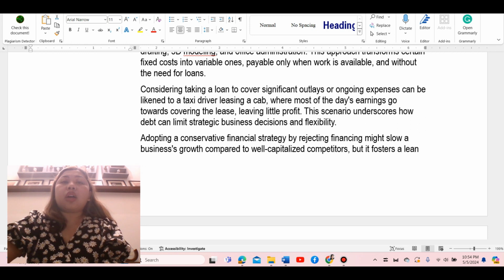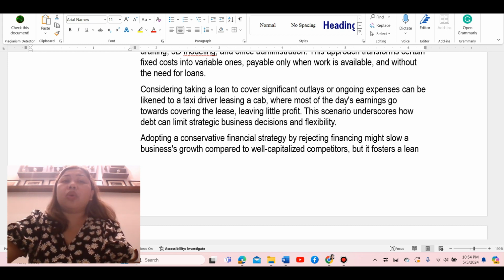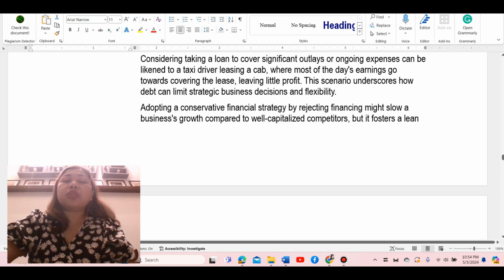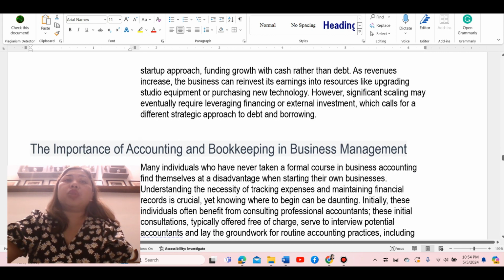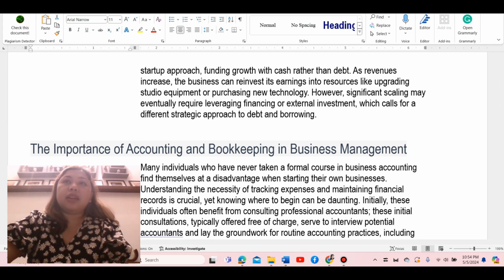Adopting a conservative financial strategy by rejecting financing might slow business growth compared to well-capitalized competitors, but it fosters a lean startup approach, funding growth with cash rather than debt.